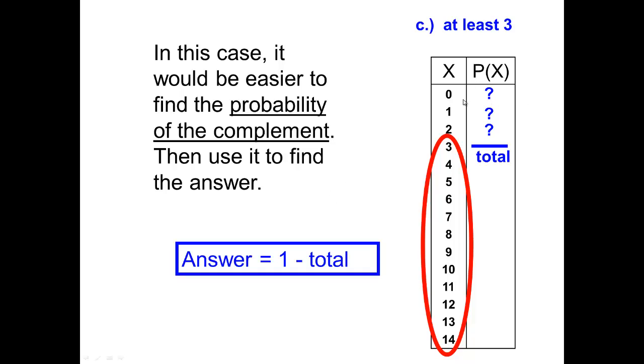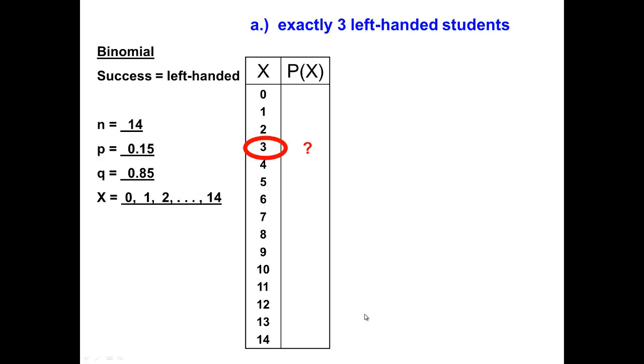In other words, find the probability of x equaling 0, 1, and 2, find that total, which is the complement of what we have circled here in red, and take 1 minus the total that we have to find our answer. And we'll get back to that when we get to part C.